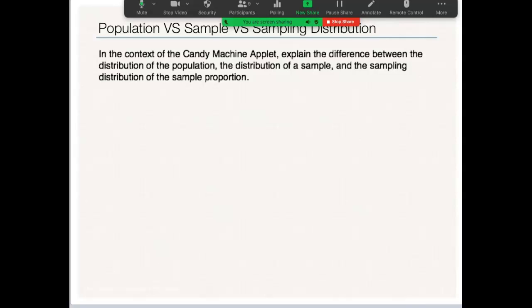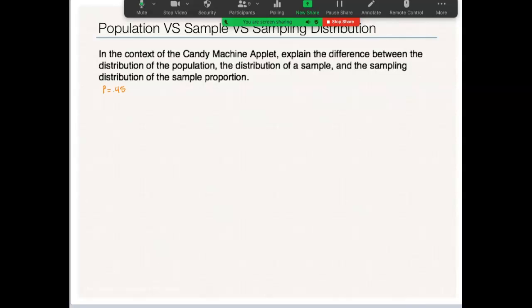Namely, the distribution of the population, the distribution of a sample, and the sampling distribution of a sample proportion. So let's just talk about our first setup. P was 0.45, and that was the true distribution of orange candies, right?